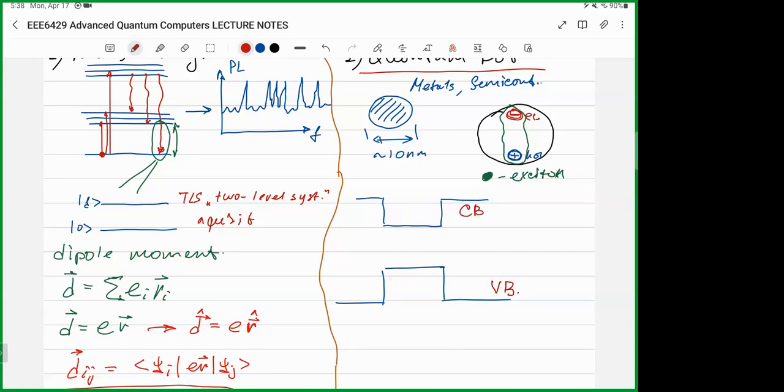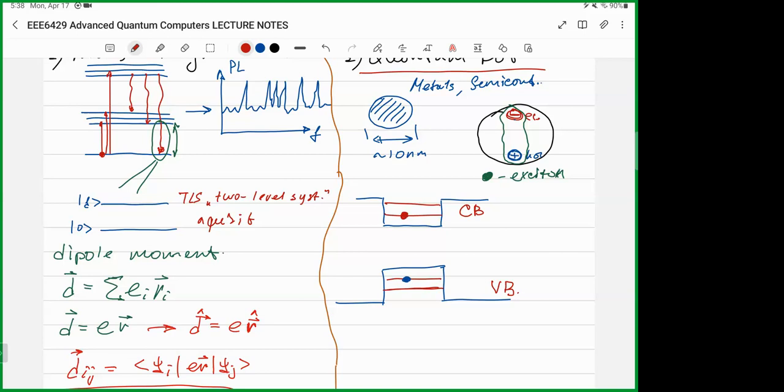And I would have these states of the charges in the valence band. It would be holes. I draw this in blue. So I would have holes here. Let's draw just one hole here and an electron here.